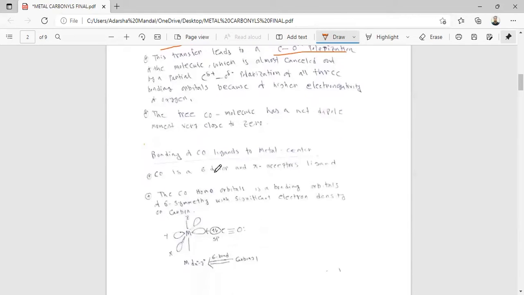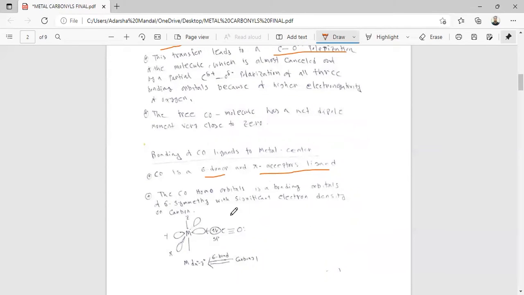Now I will discuss the bonding of CO ligands to the metal center. CO is basically a strong sigma donor and pi acceptor ligand. It will donate electrons to the metal center via the carbon atom. Its HOMO is a sigma orbital and its LUMO is a pi star orbital.